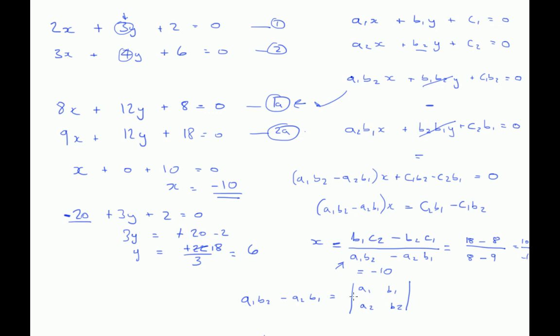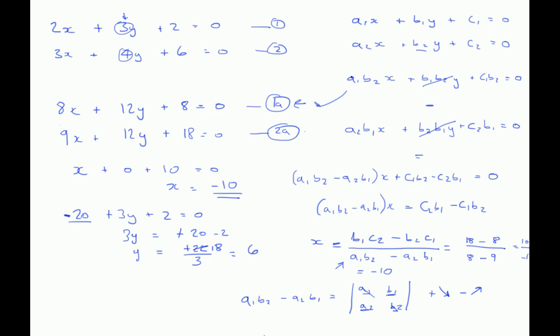So we multiply A1 times B2, and then we subtract the product of A2 B1. Okay, so we have the positive of that diagonal's product, and then we subtract the product of this diagonal.